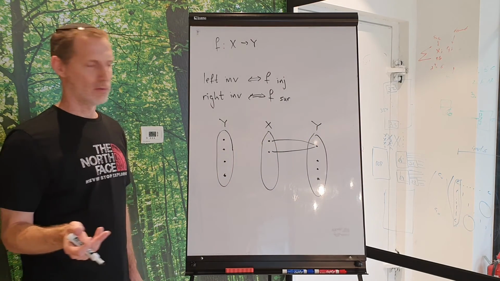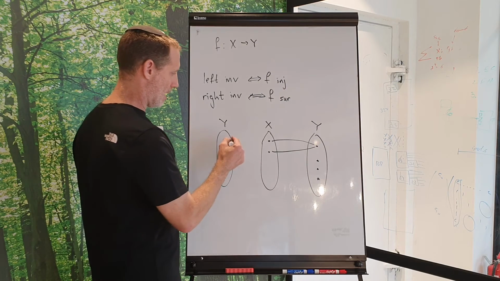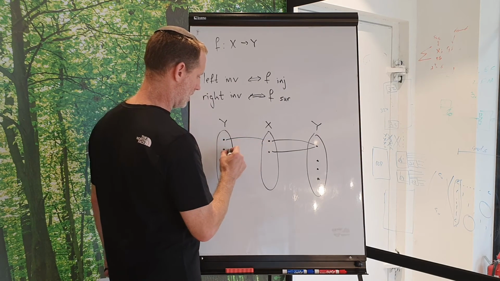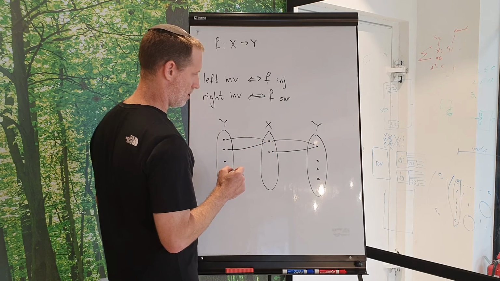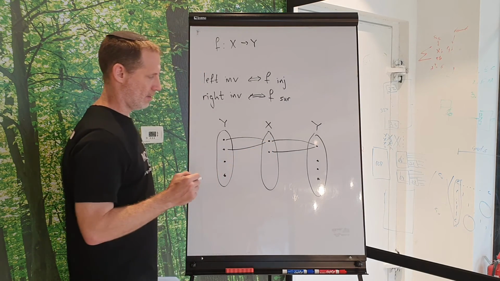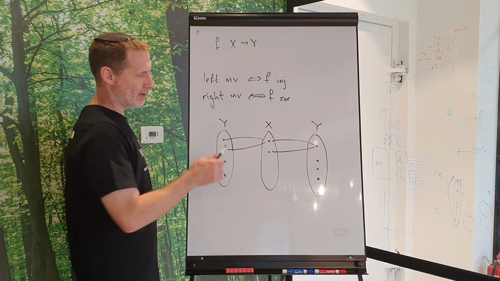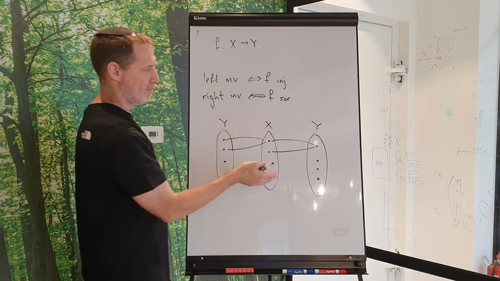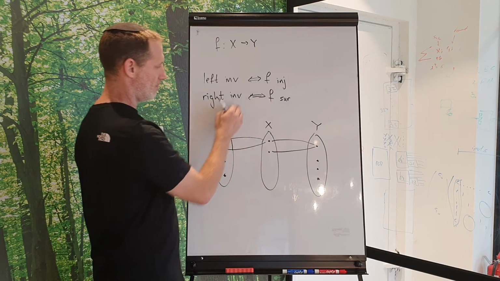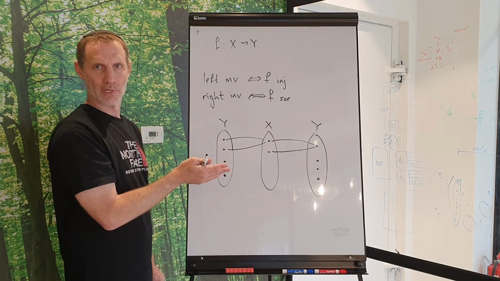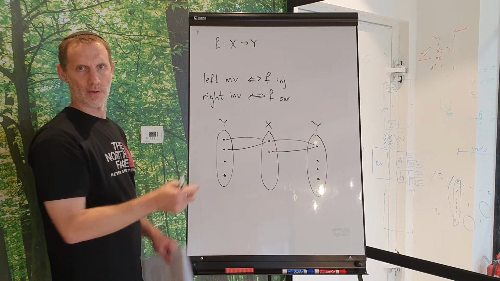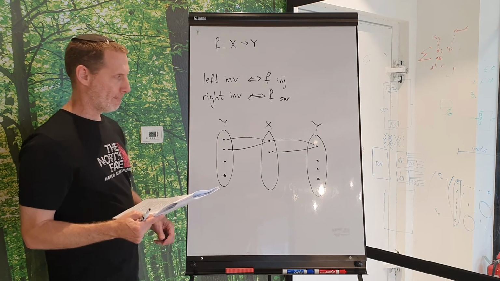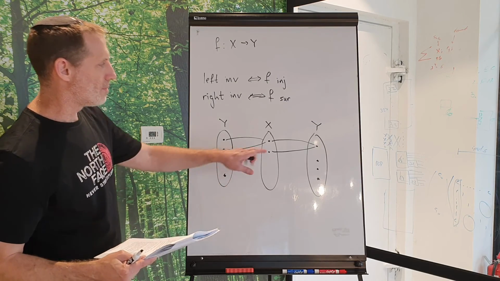So let's imagine that I do this. But I don't have any definition here yet. This has to be surjective. This can be anything, that's what we're saying. But you didn't draw the inverse.